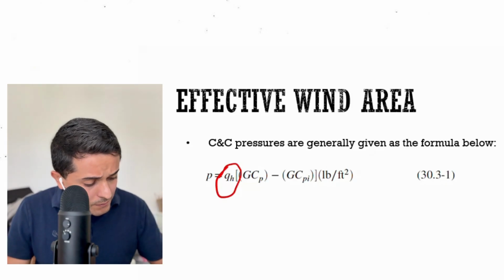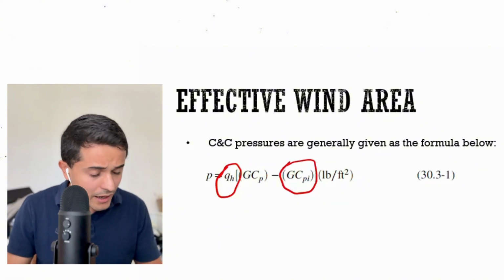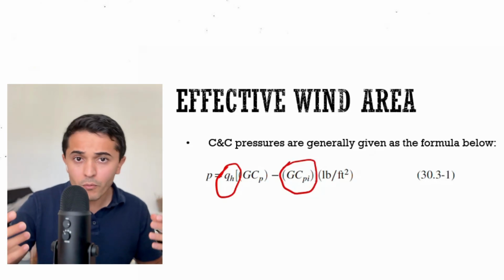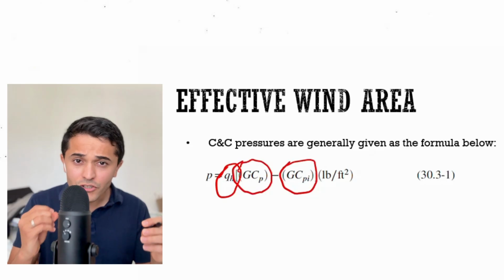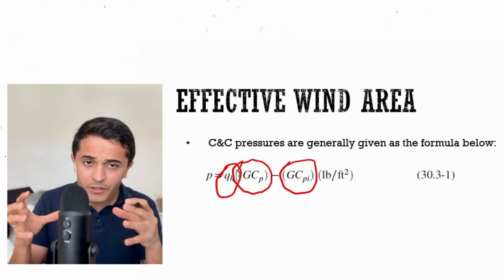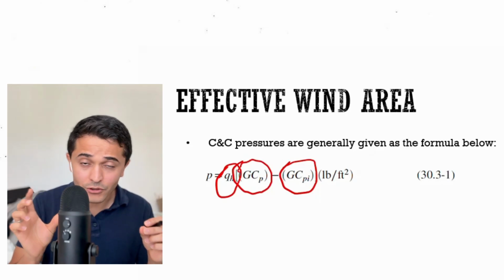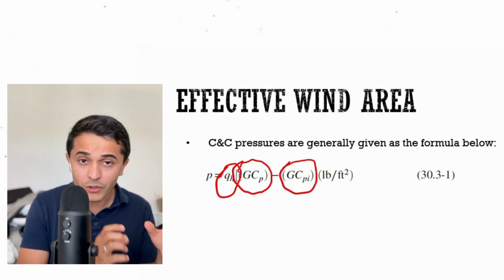And then we have the enclosure classification factor, or GCpi, that is to account for whether the building is open, partially open, enclosed, and then to account for specific building geometries, or the geometry around the element that you're designing, that is GCp, that factor that we're going to correlate with the effective wind area.